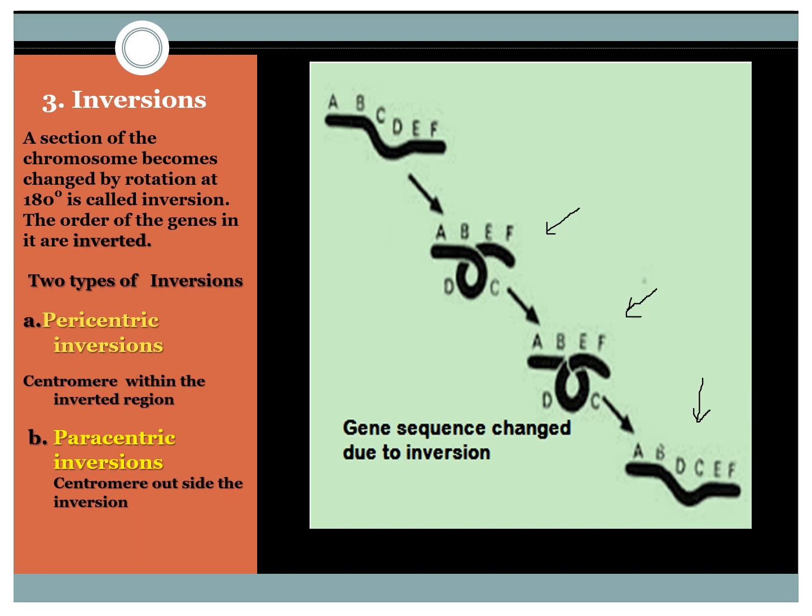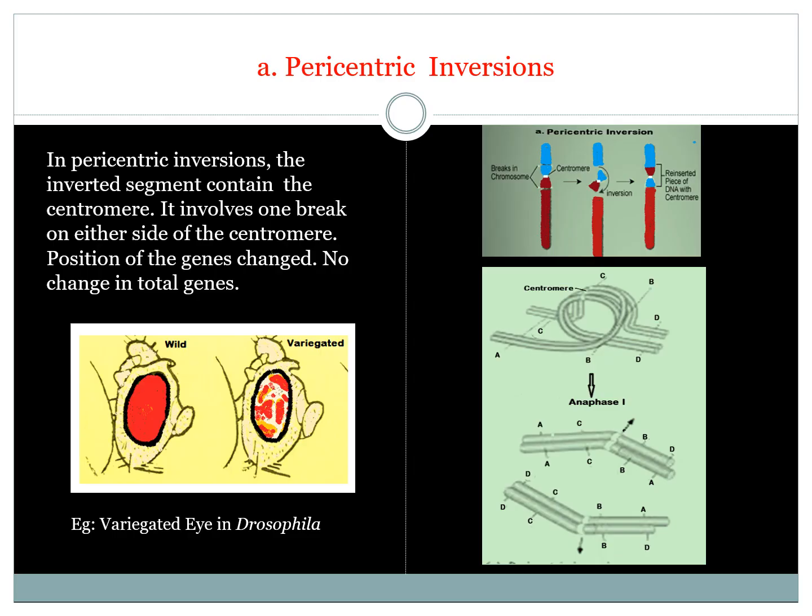Generally, there are two types depending upon the position of the centromere: paracentric and pericentric inversions. In pericentric inversions, the inverted segment contains the centromere. See here, this is the inverted loop-like structure where the centromere is present. Then it is called a pericentric inversion. In these pericentric inversions, one break on either side of the chromosome occurs.